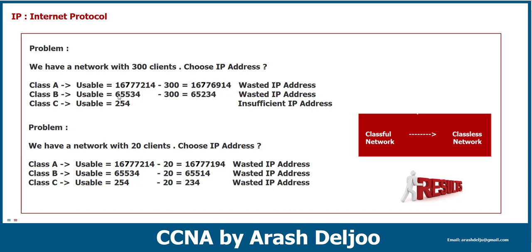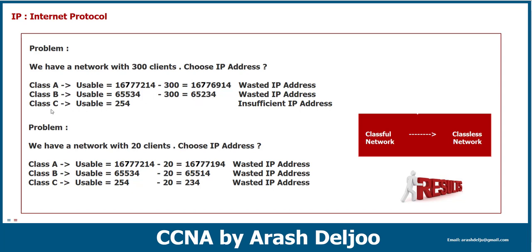If you use class B networks, in every network we have this amount of IP addresses, 65,534. This means that we need only 300, and because of that, again, you will waste this many addresses.